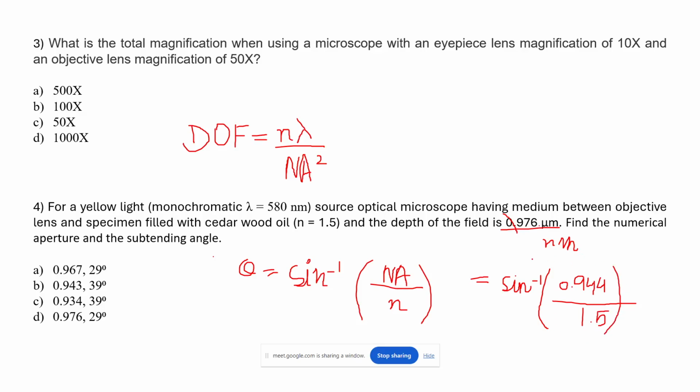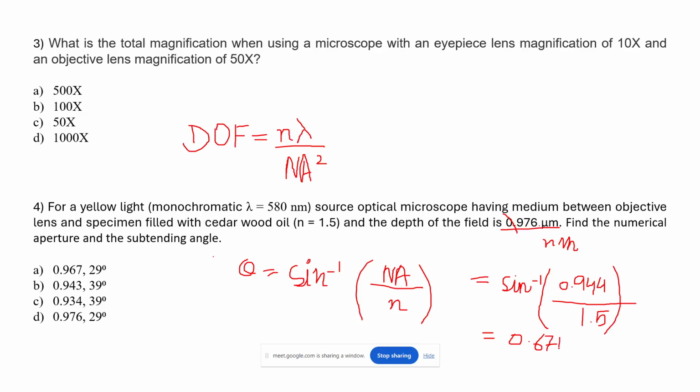This thing is unitless, so we can apply sine inverse on it. 0.944 divided by 1.5 is basically 0.629, and when calculated, the sine inverse of this 0.629 comes out to be 0.671.